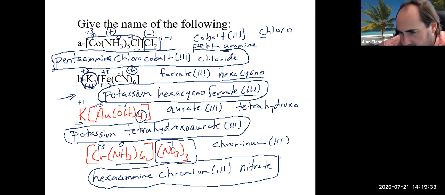Let me see. If I understand your question correctly, we only add -ate if that's what you're asking about, to the metal when it is part of a negative complex ion.